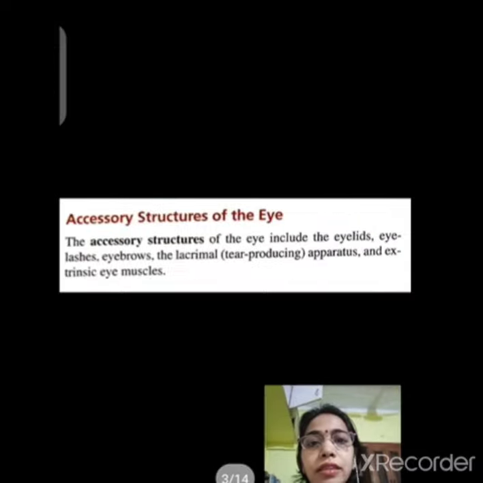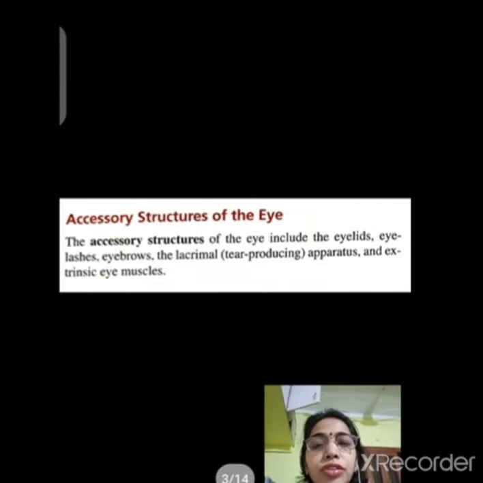Next is the accessory structures of the eye. What are the accessory structures of the eye? The accessory structures of the eye include eyelids, eyelashes, eyebrows, the lacrimal apparatus, that is the tear producing apparatus, and extrinsic eye muscles. The eyelids and eyelashes are present outside the eye.